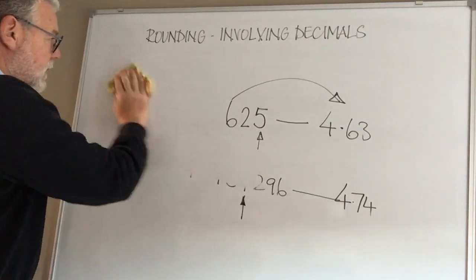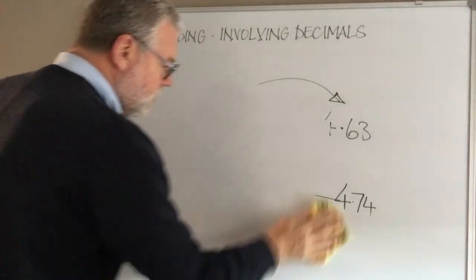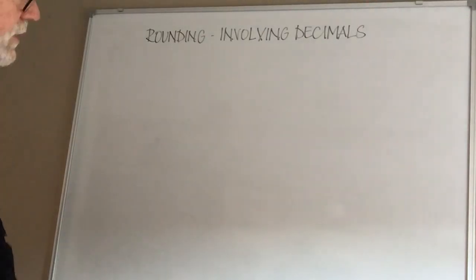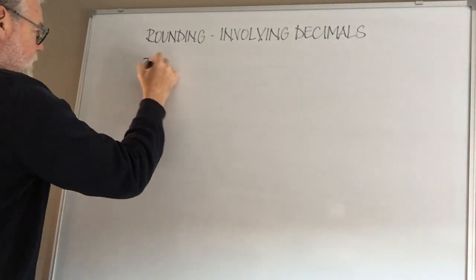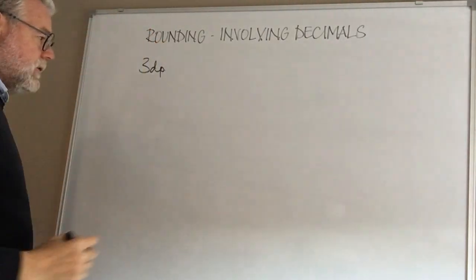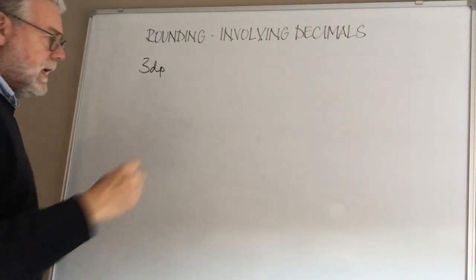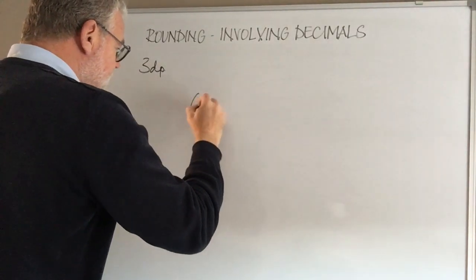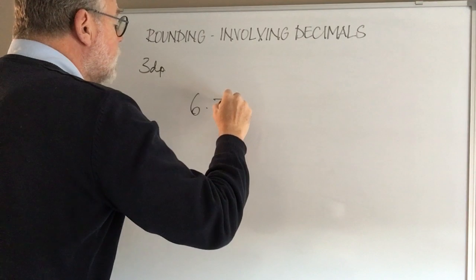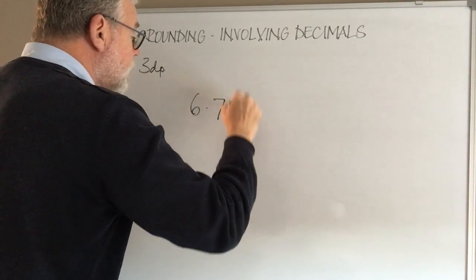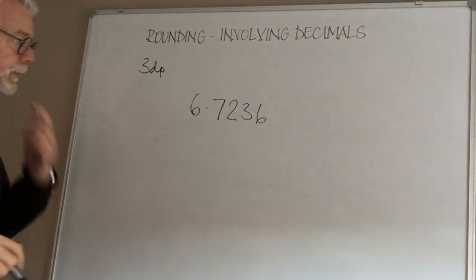Right, and then the last one, and we don't often come across this, but every now and again, you might be asked to round something to 3 decimal places. Okay, so let's have a look. Let's say we've got 6.7236.